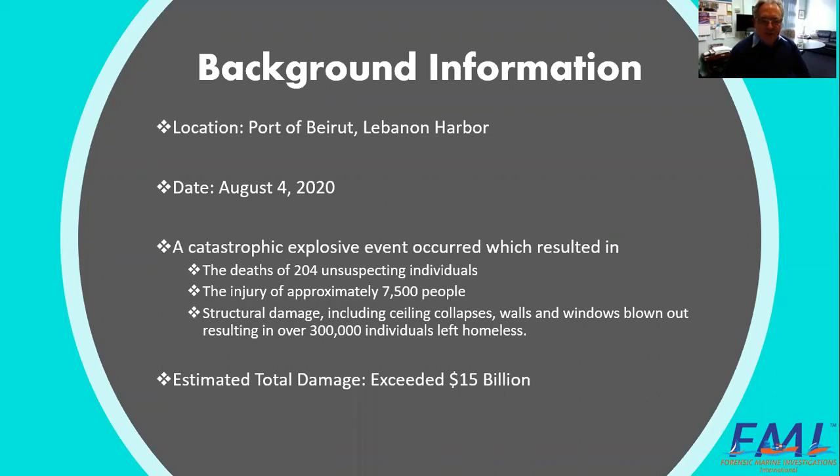The structural damage and physical damage resulted in everything from typical ceiling collapses and walls and windows being blown out, with over 300,000 homeless individuals after all was said and done. The total estimate of the damage was over $15 billion, and that did not include loss of business revenue for the individual shop owners and so forth. Okay, Mike.